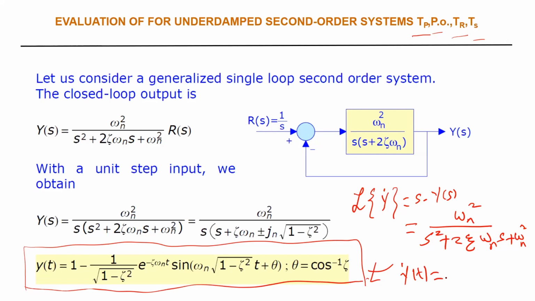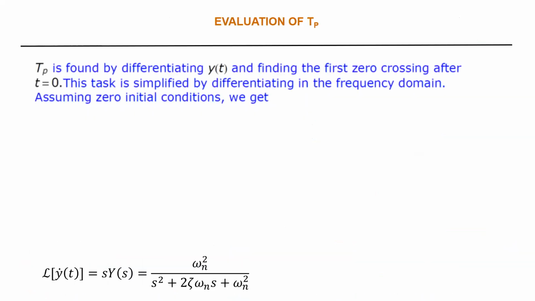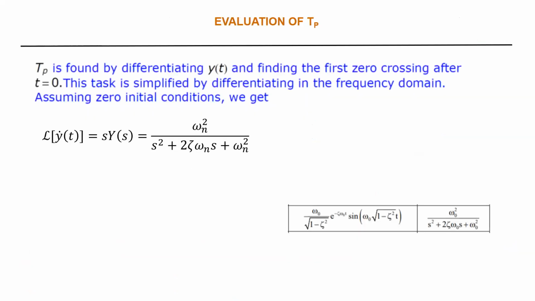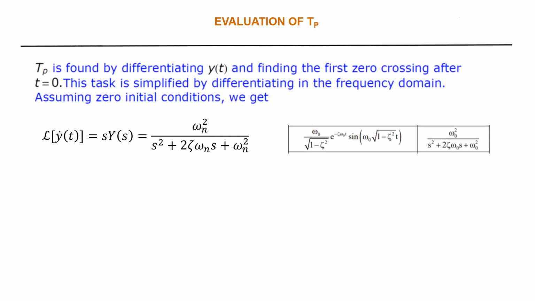What do we do? Partial fractions, or look at the Laplace transform table. The Laplace transform table will give you, okay, this is from the table. So basically, good, y dot is equal to this quantity.